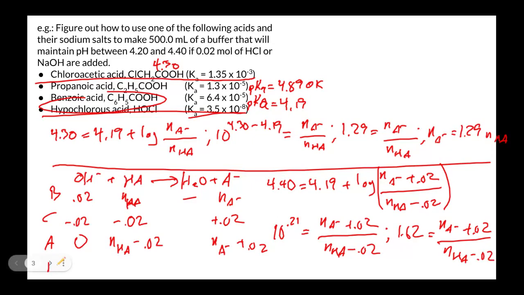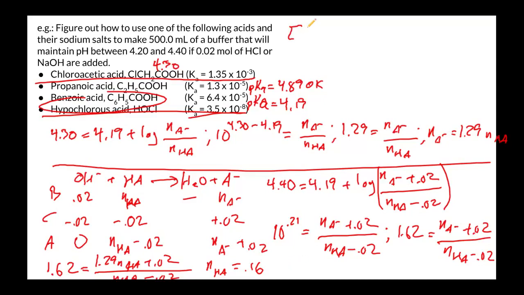So 1.62 is 1.29 times the number of moles of acid plus 0.02 over the number of moles of acid minus 0.02. Do some algebra here, and we find out that the number of moles of acid is 0.16.